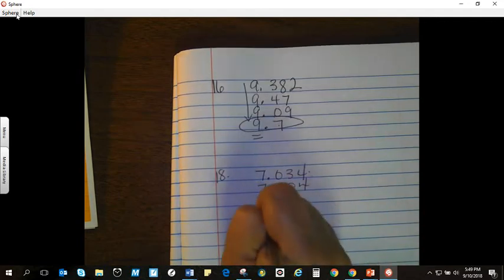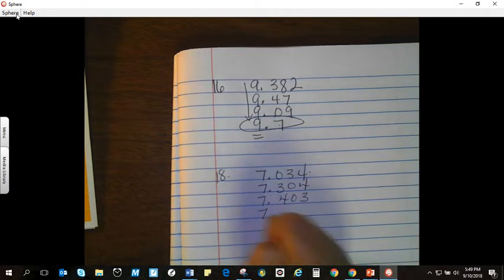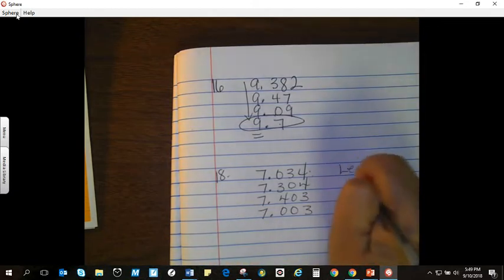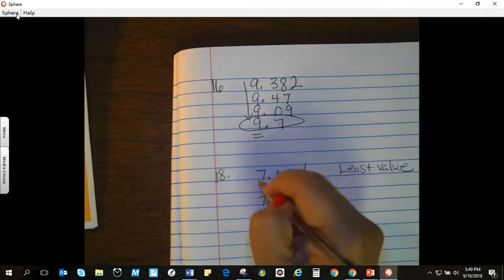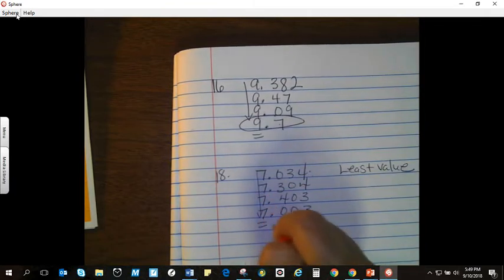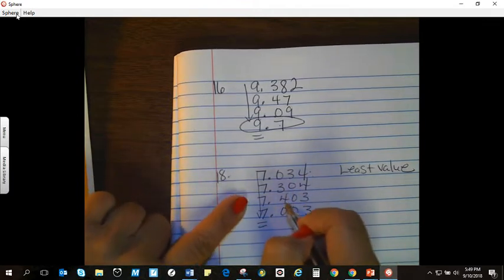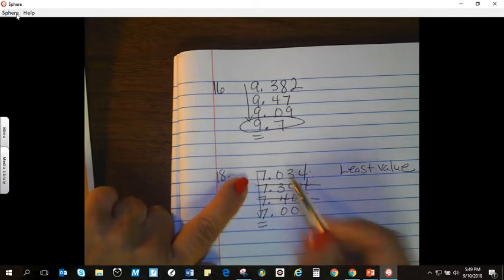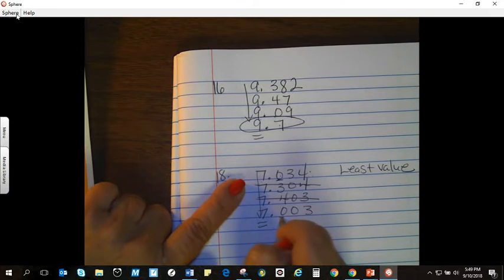7 and 403 thousandths and 7 and 3 thousandths. Again, I'm looking for the least value, so it's going to be the smallest number. All of my 7s are equal. So my smallest, well, that 4 is my largest. Then it's 3, so I can disqualify those. Okay, so I have a 0, and I have a 0.